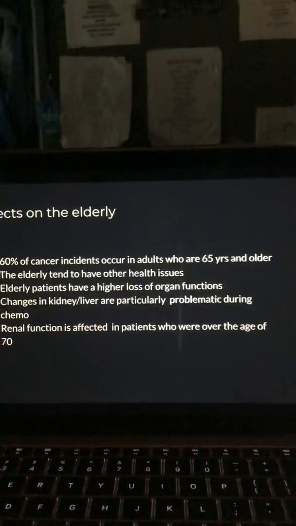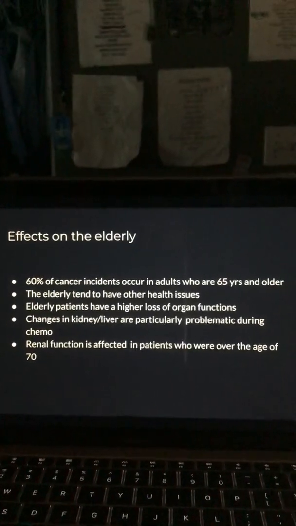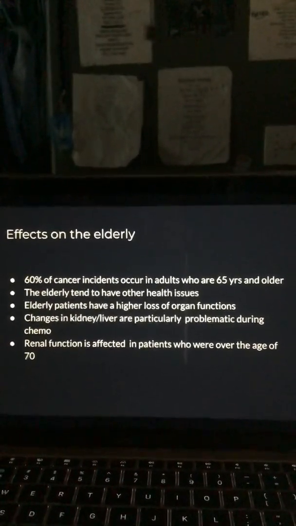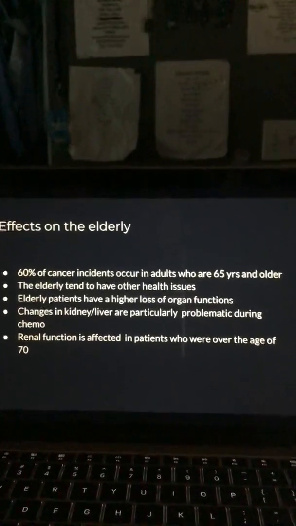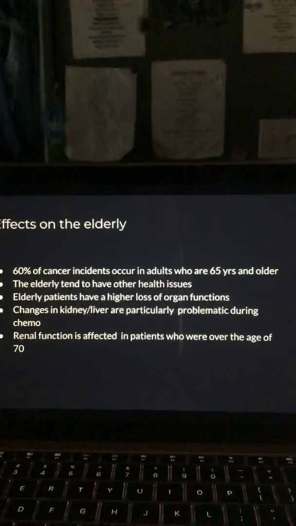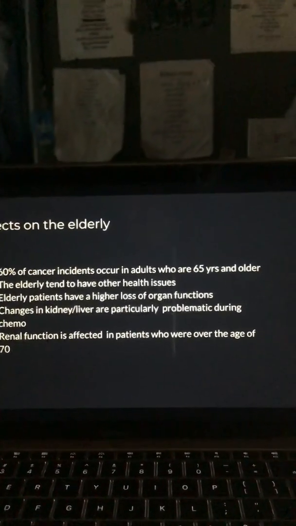Now, how the chemotherapy process affects the elderly. The chemo effects tend to affect the elderly in different ways. 60% of cancer incidents occur in adults who are 65 years and older.